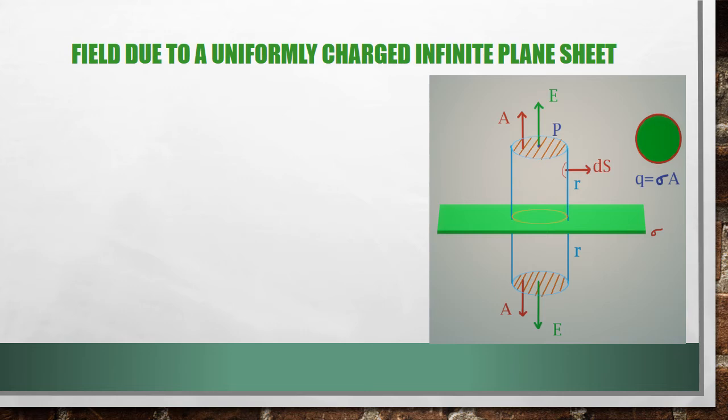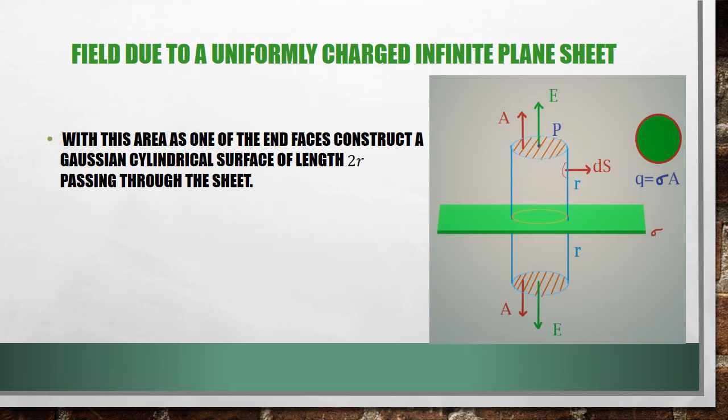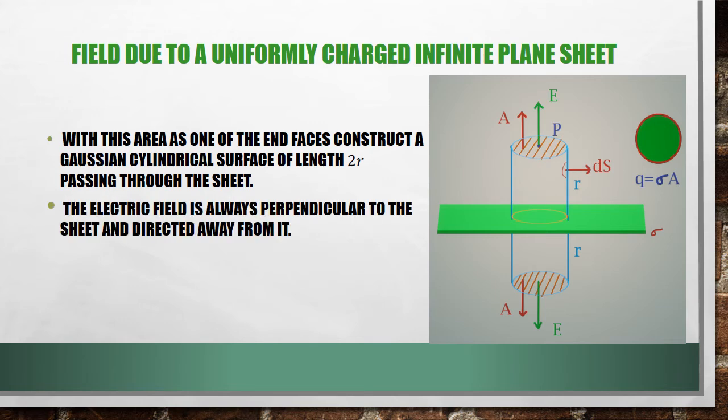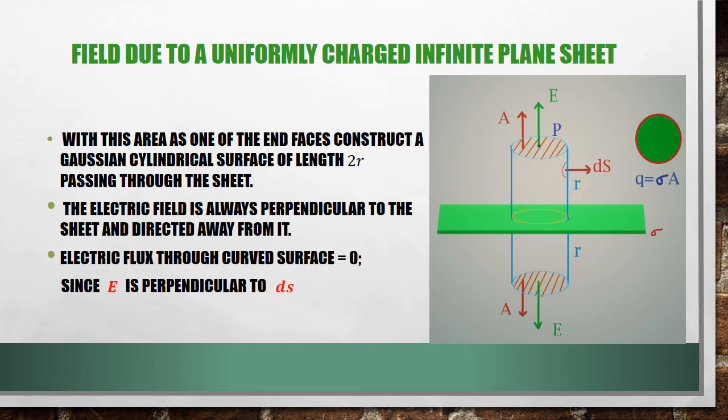With this area as one of the end faces, construct a Gaussian cylinder of length 2r passing through the sheet. The electric field is always perpendicular to the sheet and directed away from it.